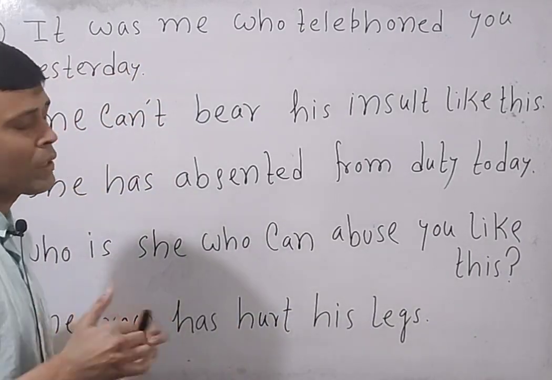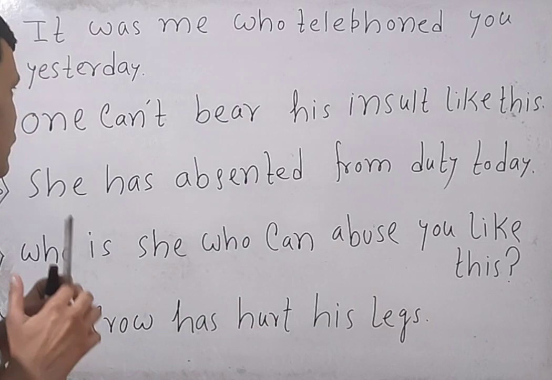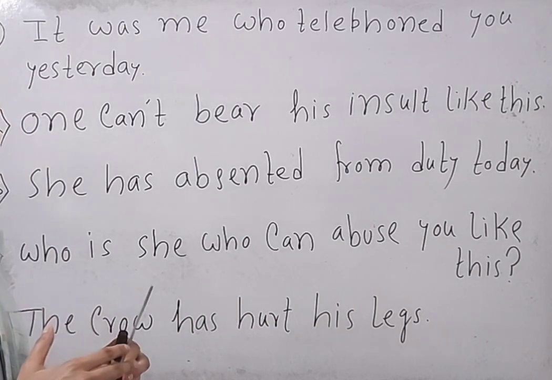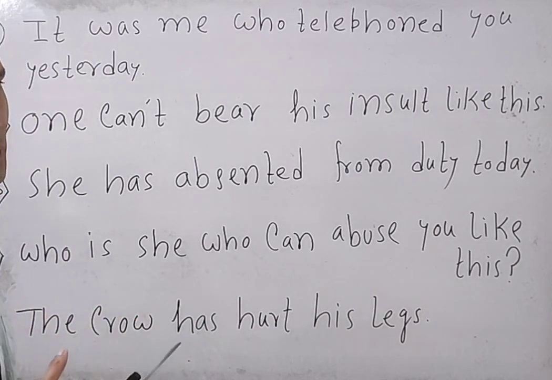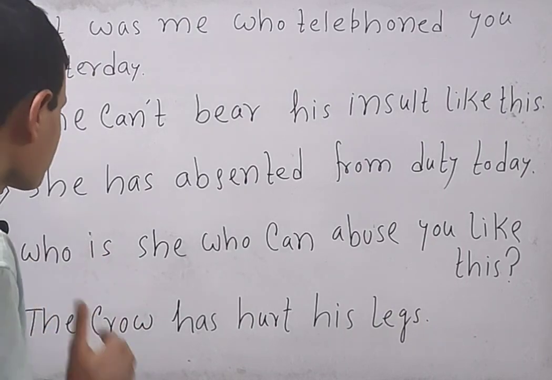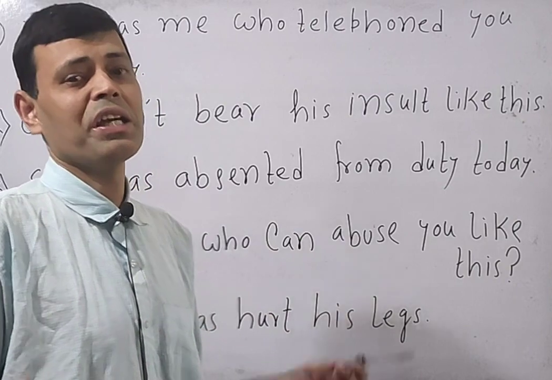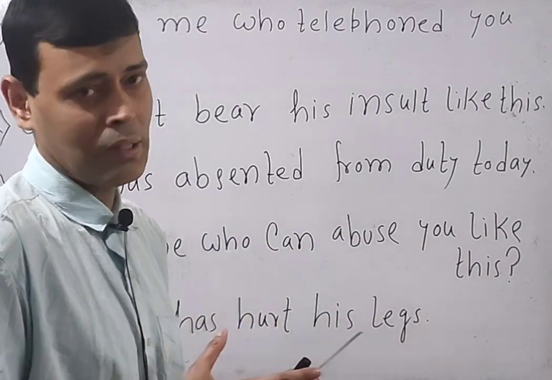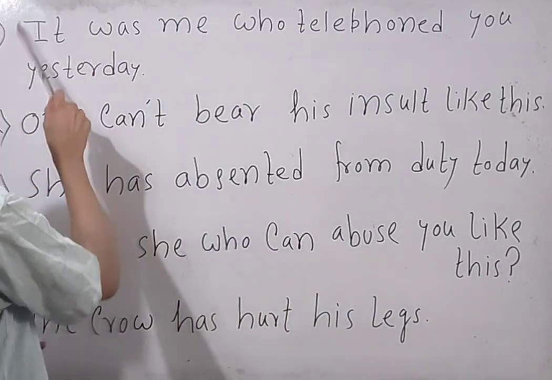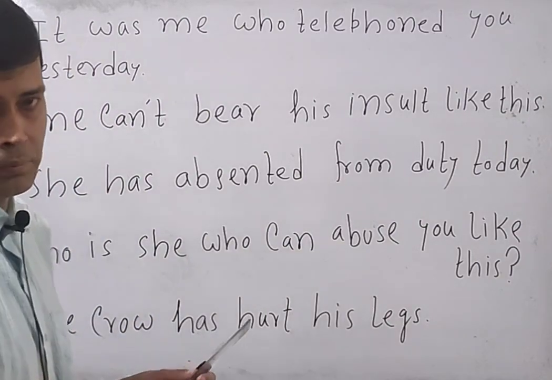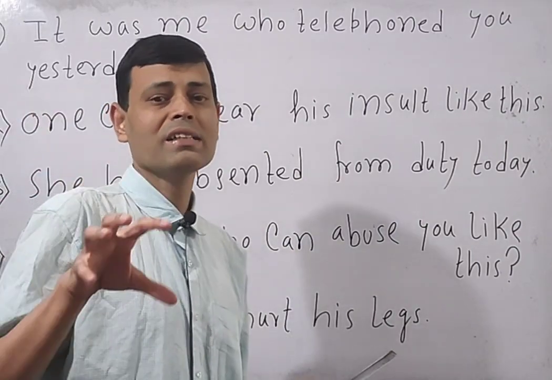Now, the first sentence has an error in the application of pronoun. Instead of saying "it was me", because here me is functioning as the subject, it is not the subject. So automatically I is the subject.